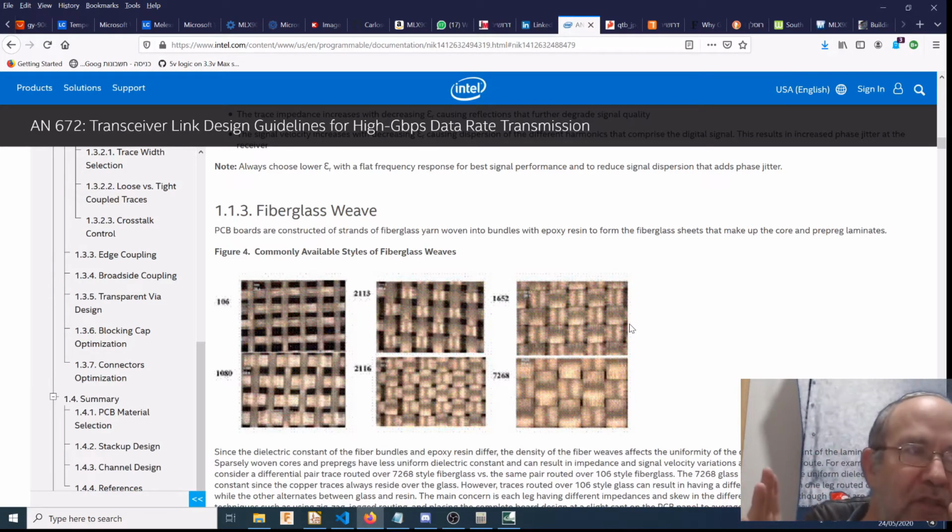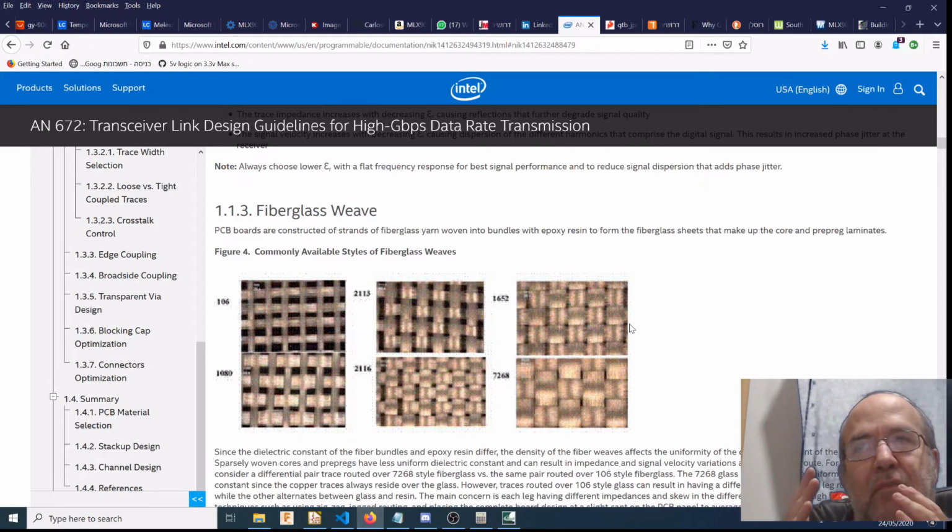I don't want to go into exactly what fiberglass is. So the tighter one's weave, the more consistent the impedance will be over the PCB.